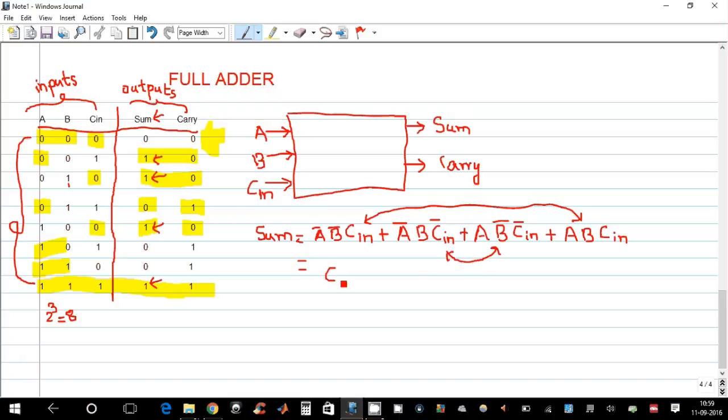If we take C in common from these two, that results in C in into (A bar B bar plus AB), and from here if we take C in bar as common, it results in C in bar into (A bar B plus A B bar). So this is equal to C in into (AB plus A bar B bar), that is equal to A XNOR with B.